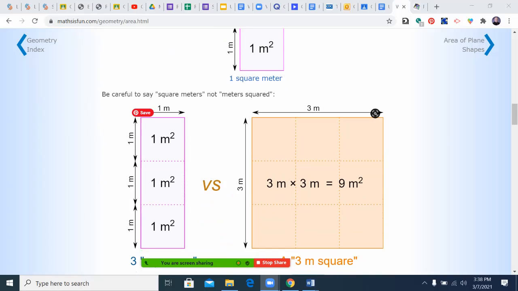You'll notice that labels for units often include this exponent for squared. So this is 3 meters and 3 meters. Together there's 9 meters, but because they're squares, we'd say 9 square meters or 9 meters squared.